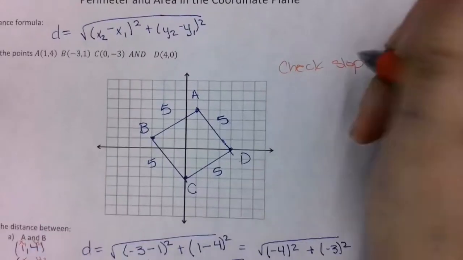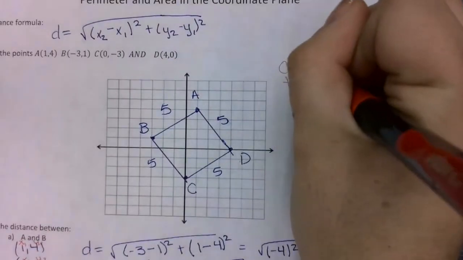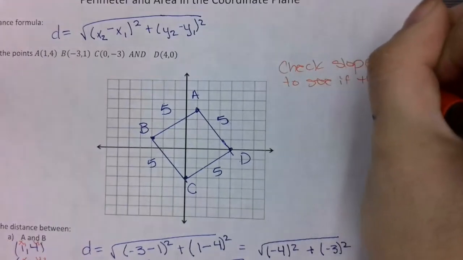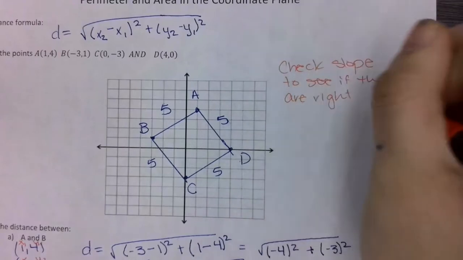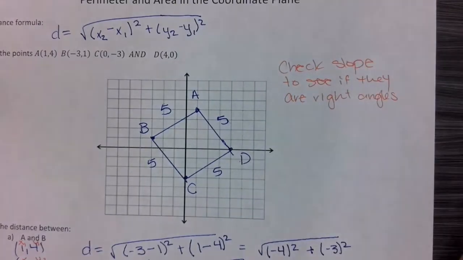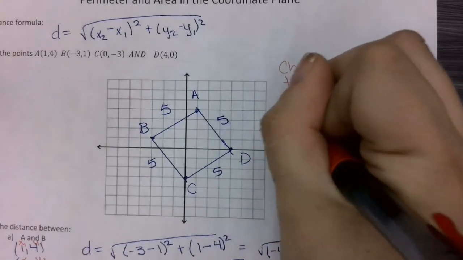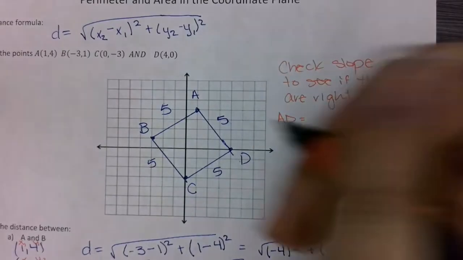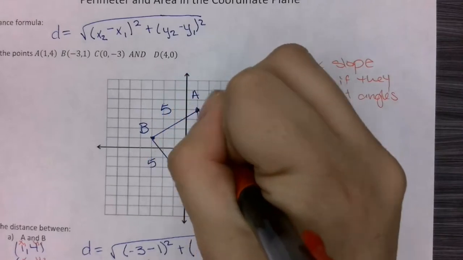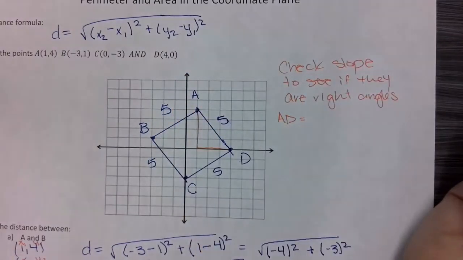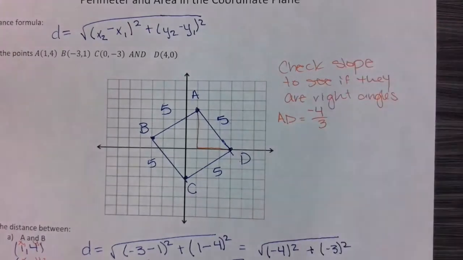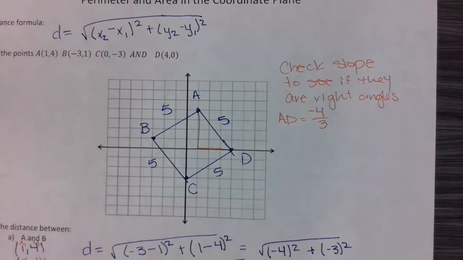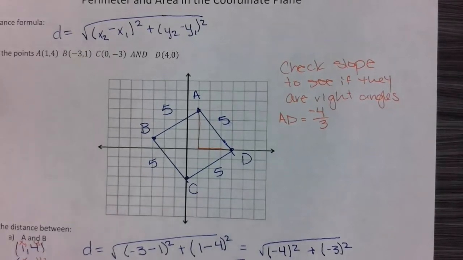That's off the screen. Okay, so you want to check the slope of A and B. So how many am I going down and over? And then, which line do you want to see if it's perpendicular to?